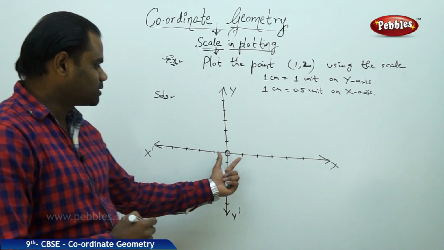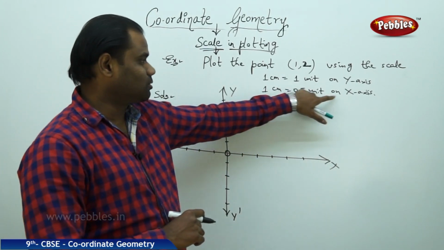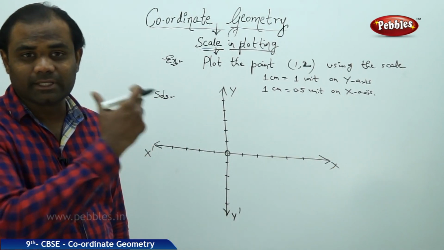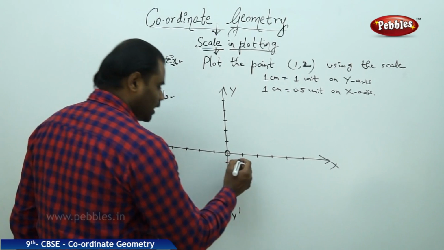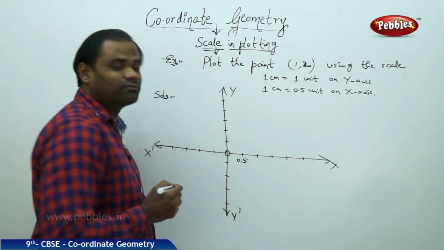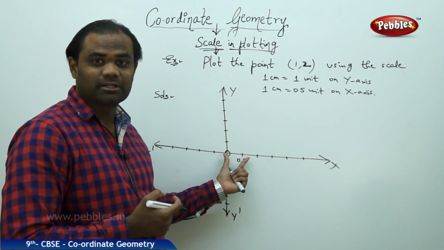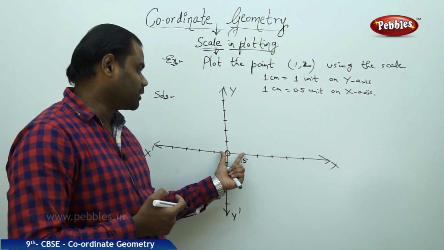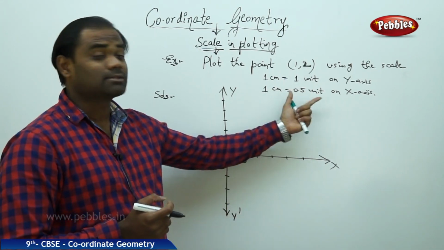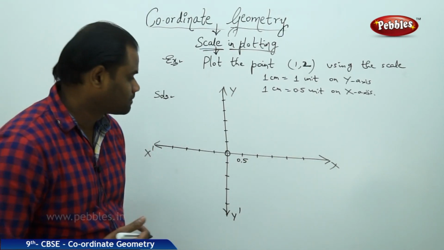These 1 centimeter grids are to be taken as 0.5 units on the x-axis, as clearly referred to in the problem. Therefore, I do not take this as 1, but I take this to be 0.5 units. Indirectly, the 1 centimeter measurement on the graph sheet by this grid refers to 0.5 units by the scale, which is how we understand the scaling concept.